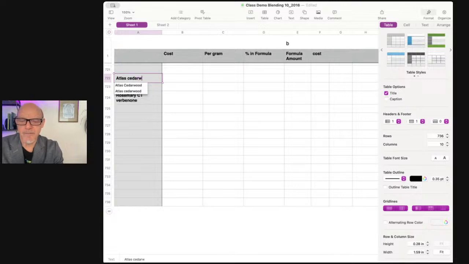I almost wrote Virginia cedarwood. If I had written Virginia cedarwood, I would have been creating a blend that works well for fight or flight. It has a compound in it. I showed you the structure effect diagram. The compound is called cedrol, which is a sesquiterpene alcohol. I shouldn't be talking chemistry without the whole study, right?